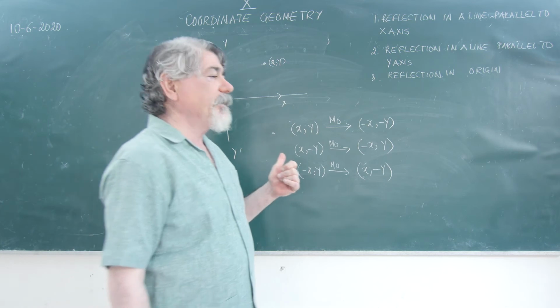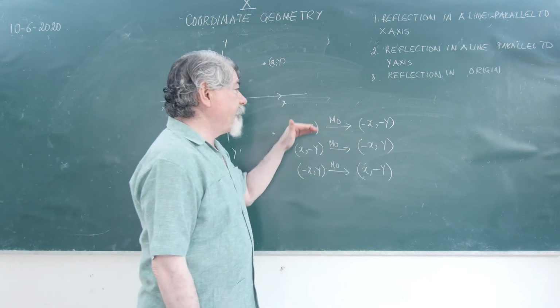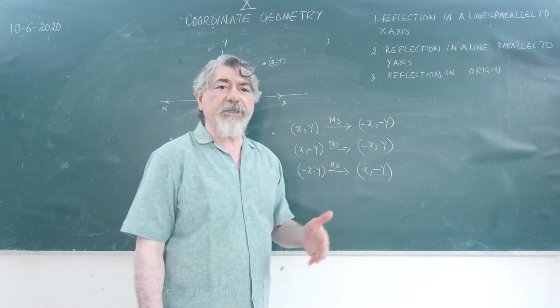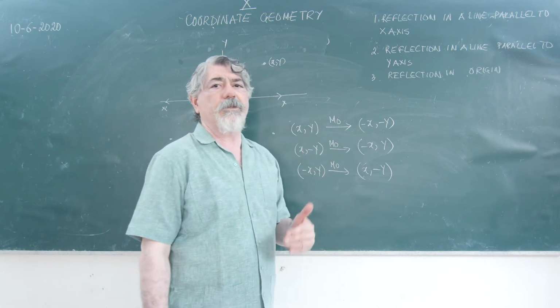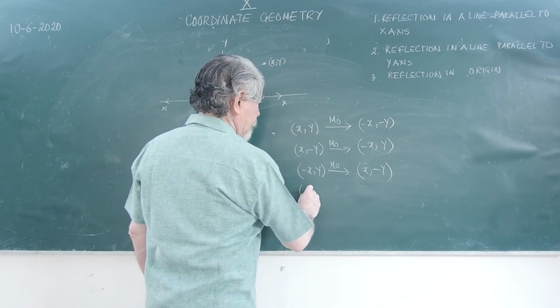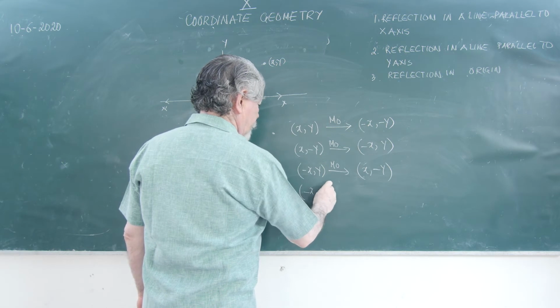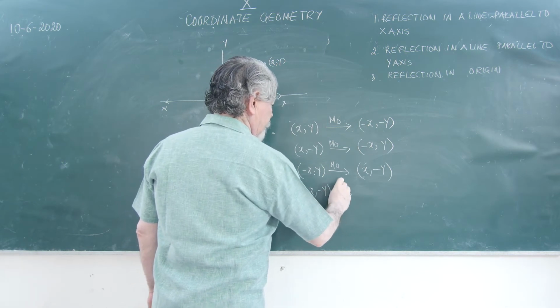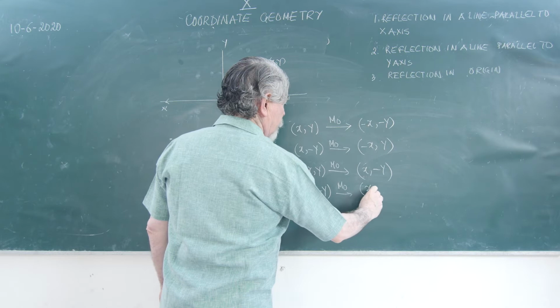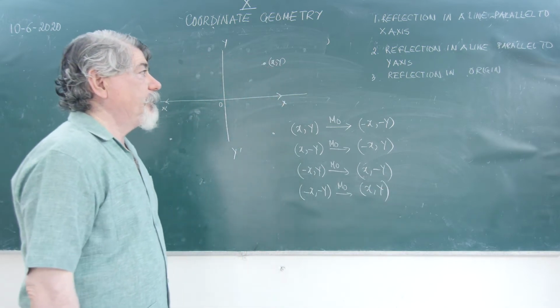And if we are reflecting in the y-axis, the sign of the x coordinate will change. But when we are reflecting a point in origin, then both x as well as y will change. For example, if it is minus x minus y, then it will become xy.